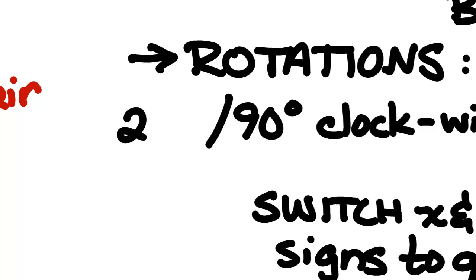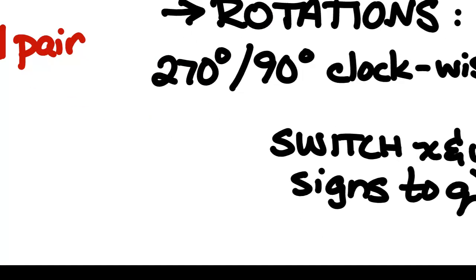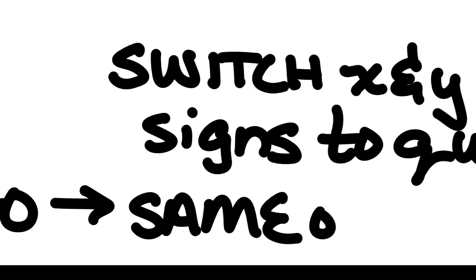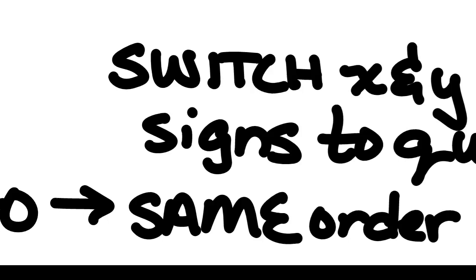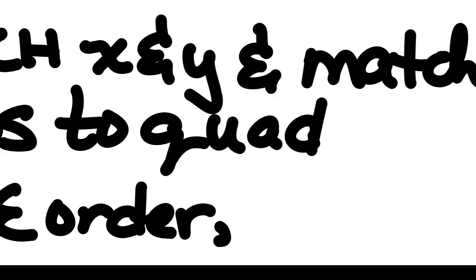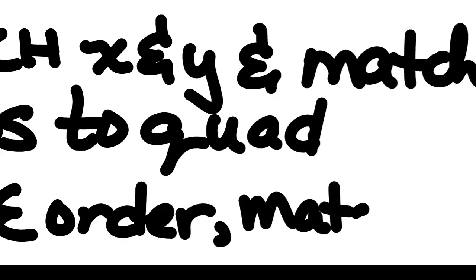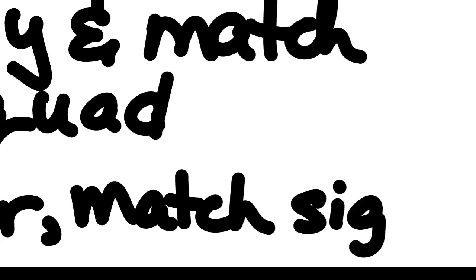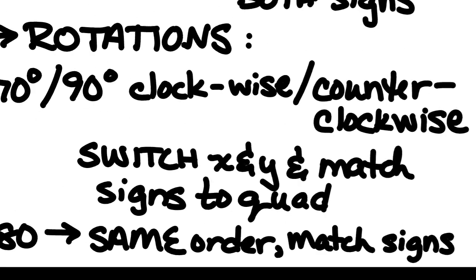And that is for 270 or 90, clockwise or counterclockwise. For 180, it doesn't matter whether it's clockwise or counterclockwise. Same order, so you do not switch x and y, but you do match your signs to whatever quadrant you've landed in.